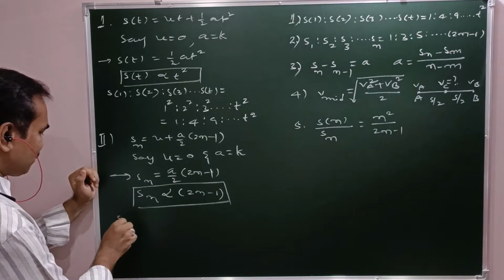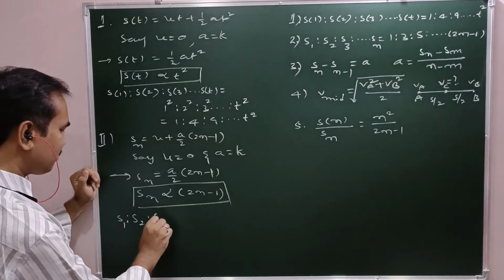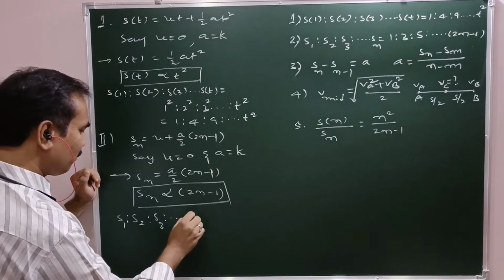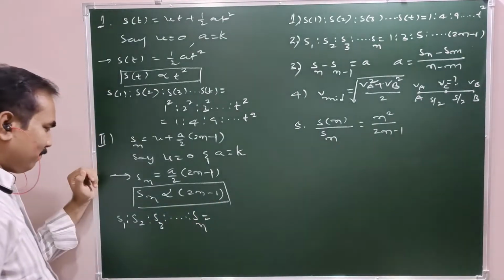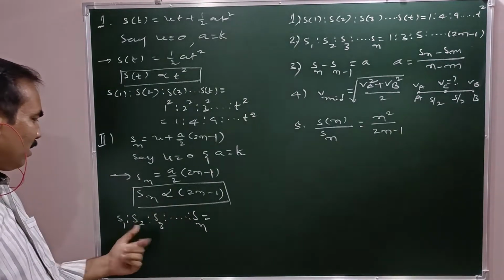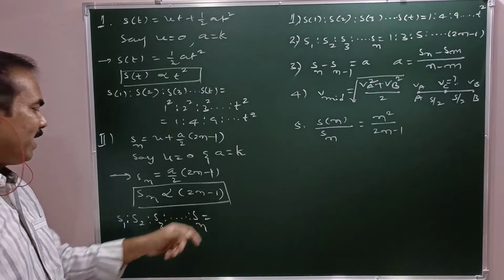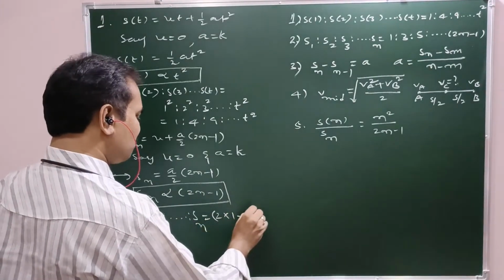That is S suffix 1 is to S suffix 2 is to S suffix 3 is to up to S suffix n is given by. Now say S1, in the sense replace n by writing 1 in this expression, that is 2 into 1 minus 1. First term over.